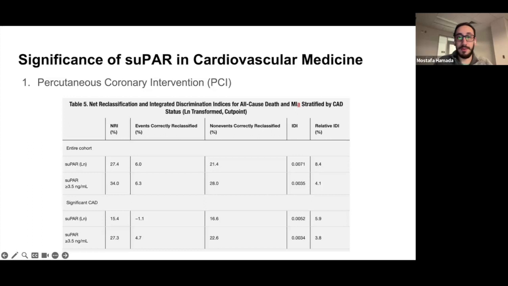The pathogenesis, or the analysis of this finding, indicates that a rise in uPAR levels mirrors the release of inflammatory cells in the event of an MI.